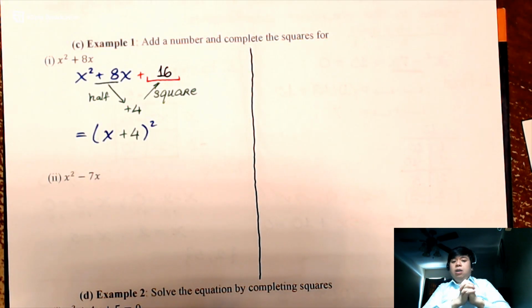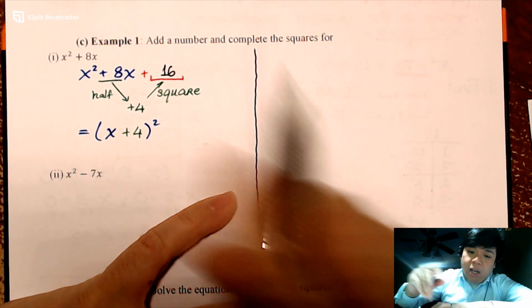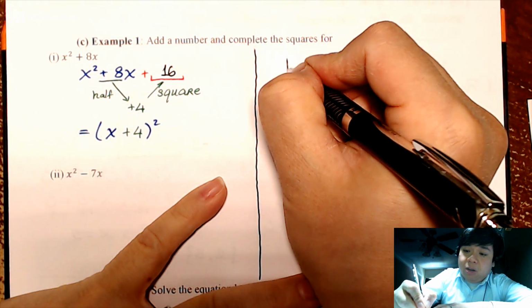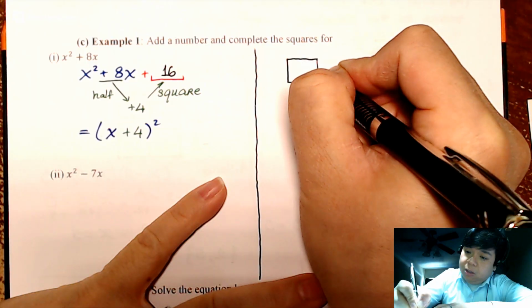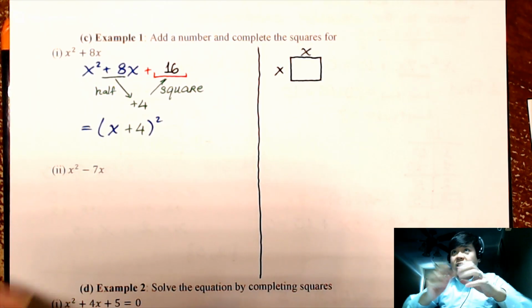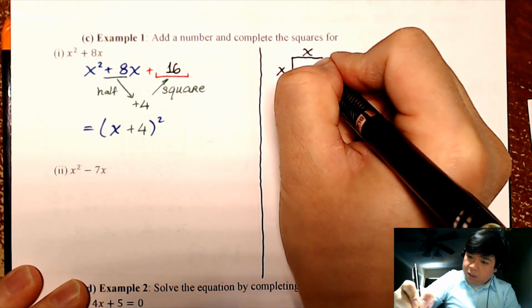Now, for this, let's say I try to visualize x squared, can I say, okay, x squared is just a square of x times x, right? X times x is x squared. The area will be x squared.